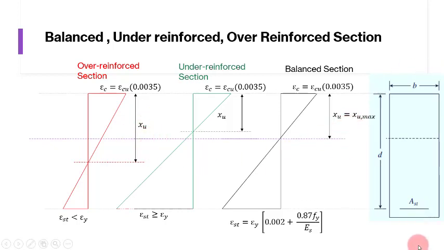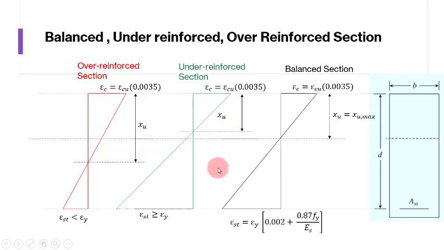For the given section with steel reinforcement, if the grade of steel is known, the balanced neutral axis depth or xu max can be computed. Now, the neutral axis depth can be calculated by equating compression to tension. Using that, the neutral axis depth can be evaluated.